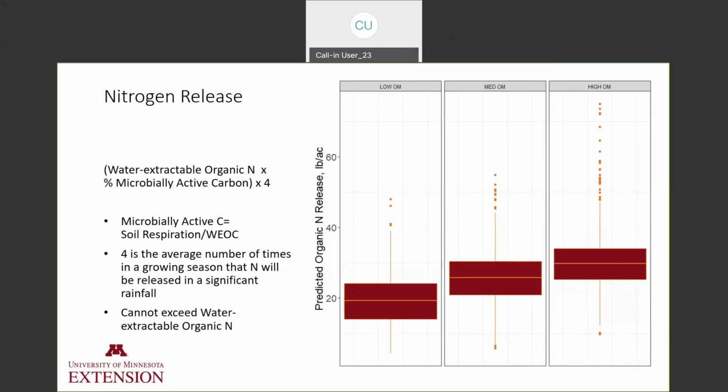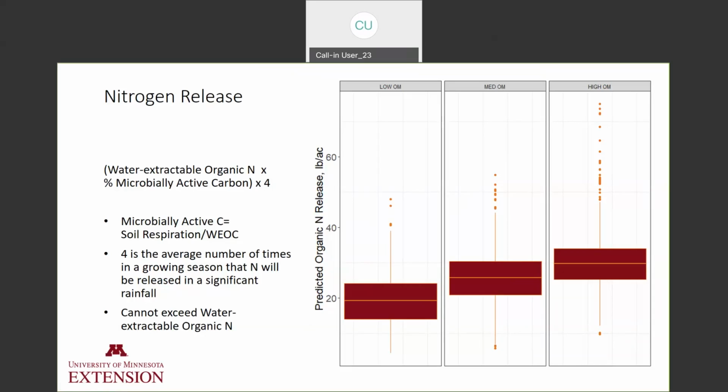I haven't done any research on this topic, but I think all of you who experienced this 2019 growing season understand that some years you will have many more rains to release nitrogen in your soil than 4. So that's one thing. Another important thing is that the total nitrogen release can't exceed the water extractable organic nitrogen. So if this calculation kicks out a number higher than that original water extractable organic nitrogen number, it just is knocked back down to water extractable nitrogen.